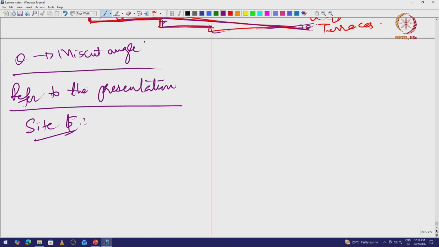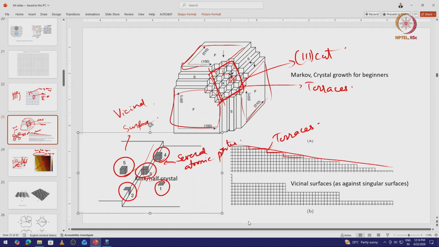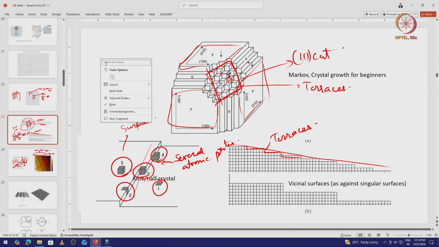In site number 1, there is an add atom there, right. Now how many dangling bonds does this site number 1 have? Site number 1 only has one dangling bond. This is the one dangling bond that comes outside. When I am talking about surfaces, I really want to talk about dangling bonds.